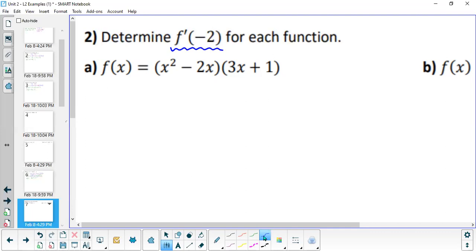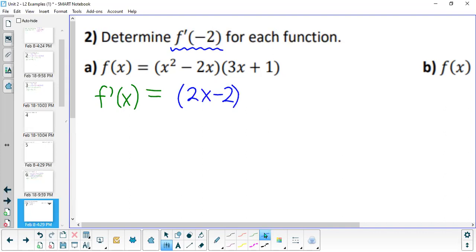But before I can find f prime of negative 2, I obviously have to figure out f prime, the derivative function. So I'm going to start with that. F prime of x is going to be equal to my derivative of my first function, which is 2x minus 2.